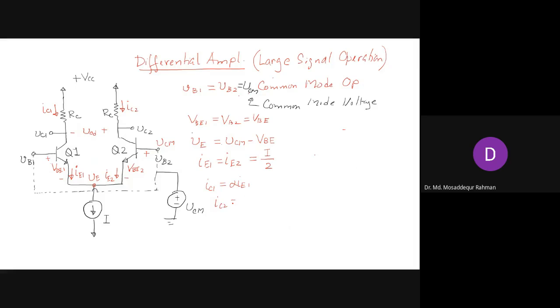IC2 is alpha IE2, right? So we can see that IC1 is equal to IC2, and that will be equal to alpha I by 2.